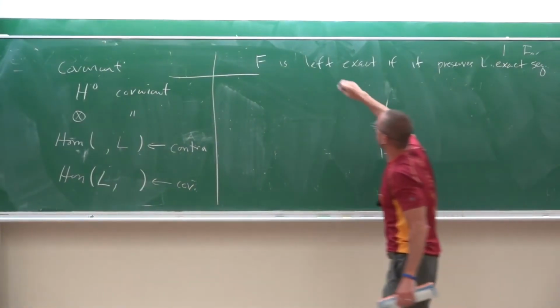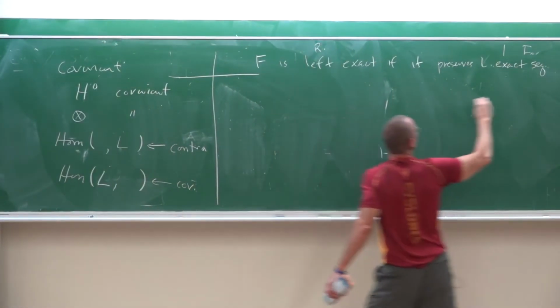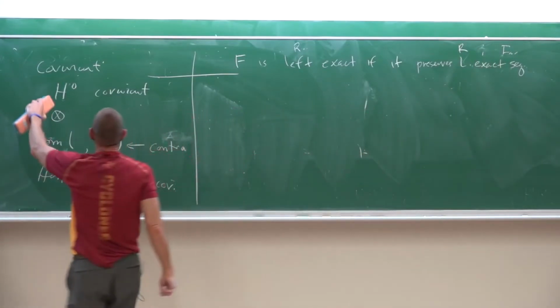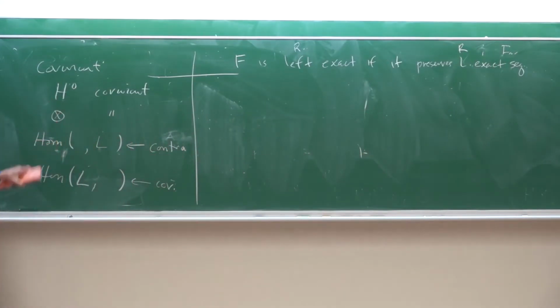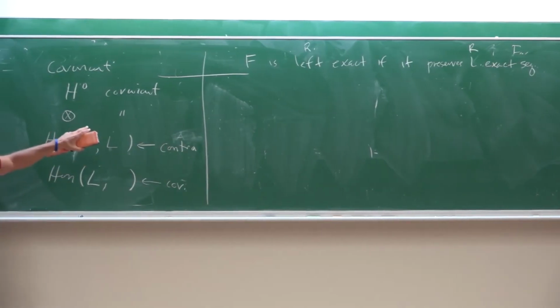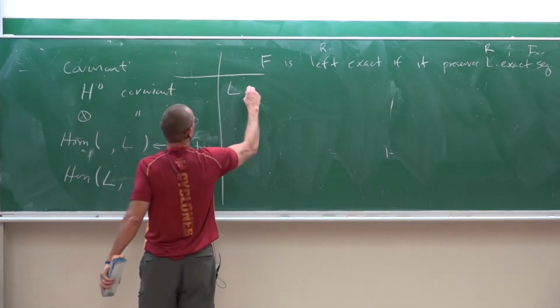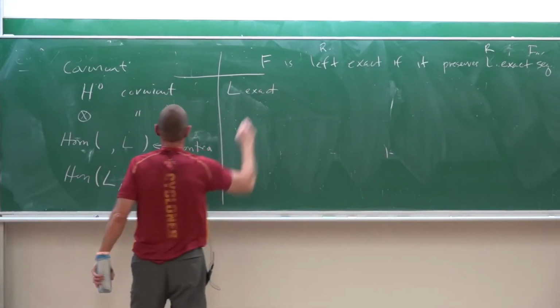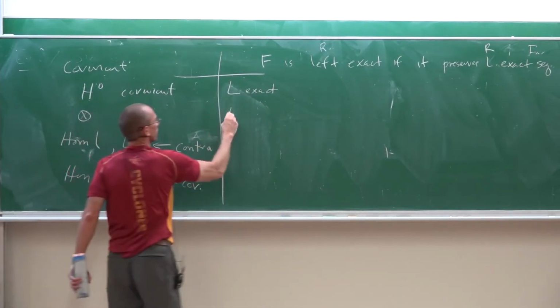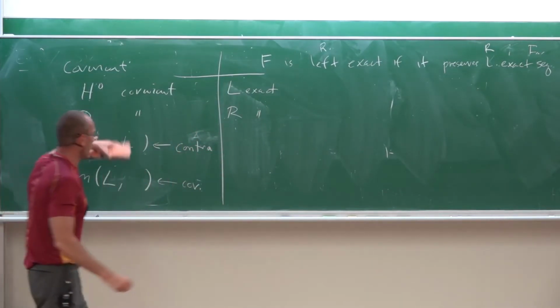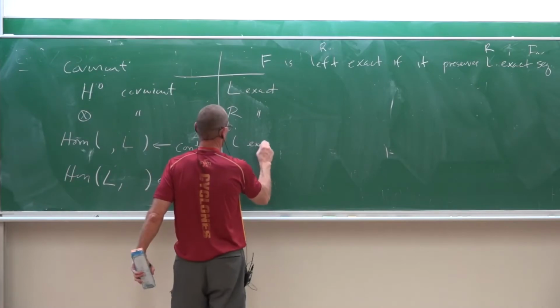And similarly, I won't write it out, right exact if it preserves right exact sequences. So global sections, we saw, what kind of exactness property does it have? Left exact. How about tensor product? Right exact. How about Homs? Both of these are left exact.